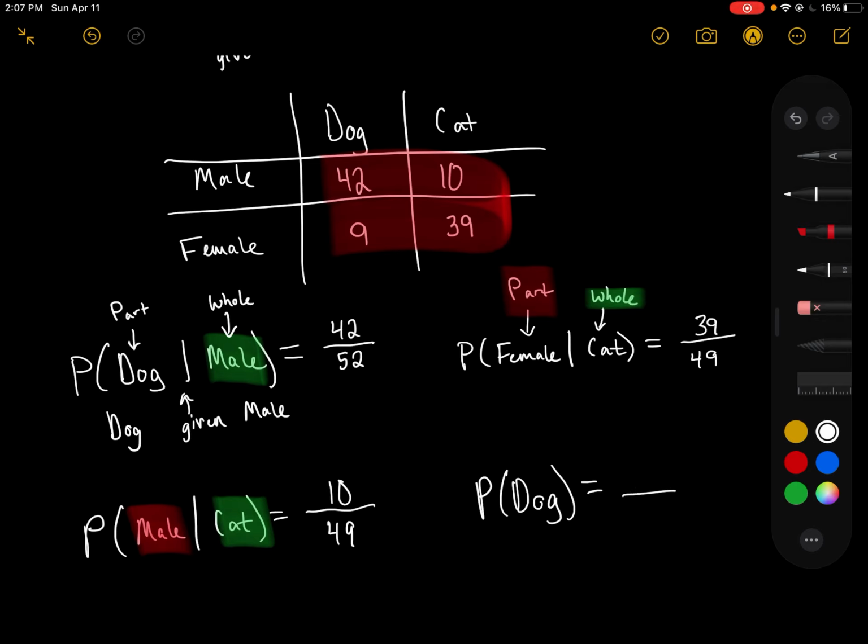If there is no condition, we just use the entire table. So here we'd have to add up everything all together, which would be over 100 now. And then all of our dogs are here, so that would be 51. If there is no condition, it's just out of everything.